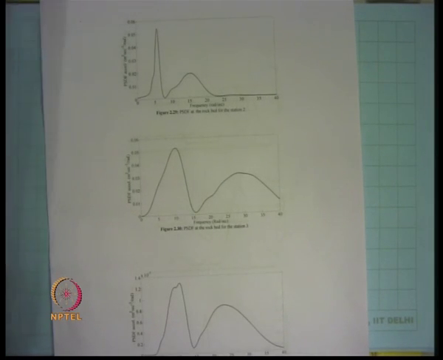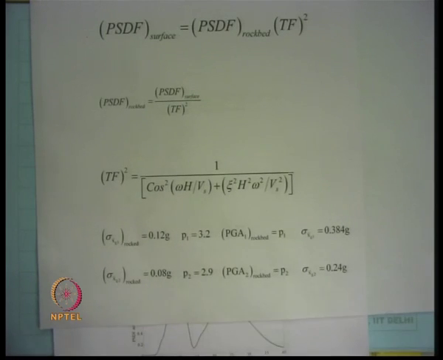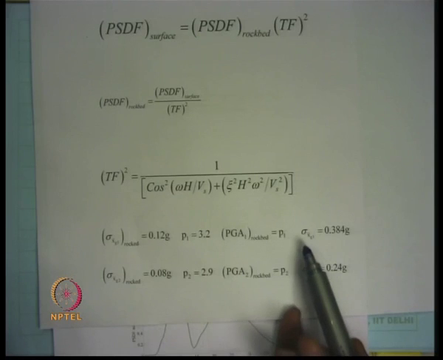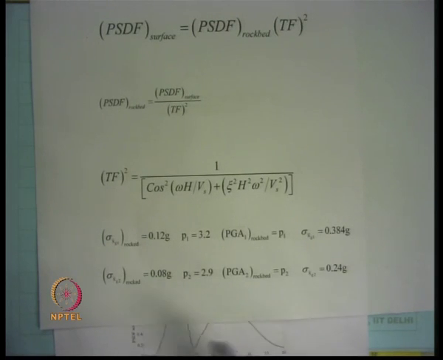So, once we got this power spectral density function, then there are certain methods to calculate the peak ground acceleration for the site at the rock bed level from the rock bed power spectral density function.